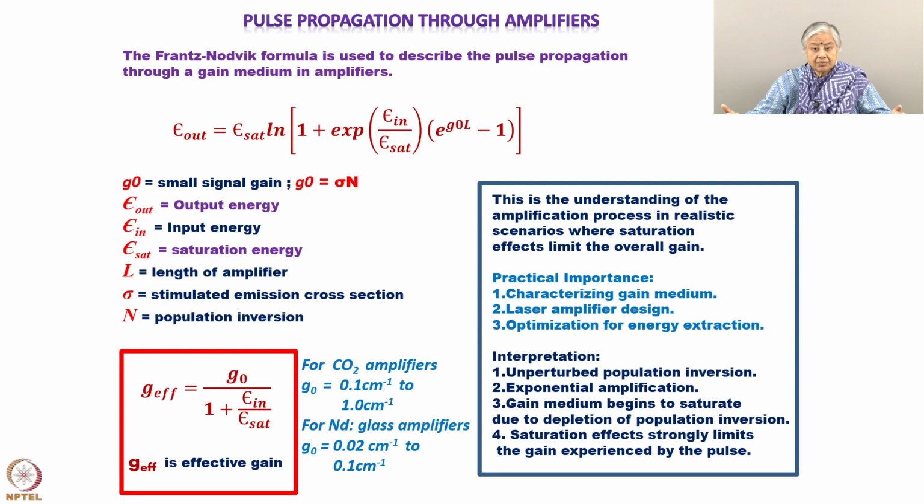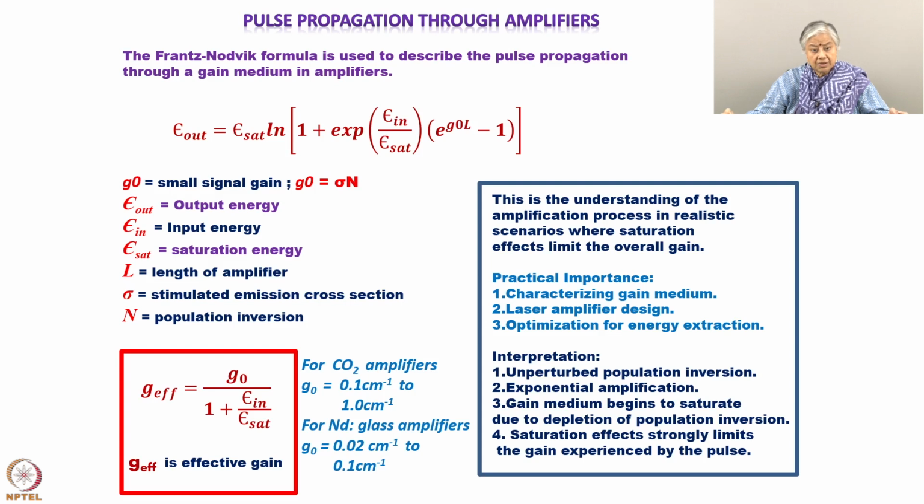But there are still certain differences between them, certain other parameters that have to be taken into consideration, when we think of amplifying this seed pulse, the oscillator pulse, through these amplifiers.